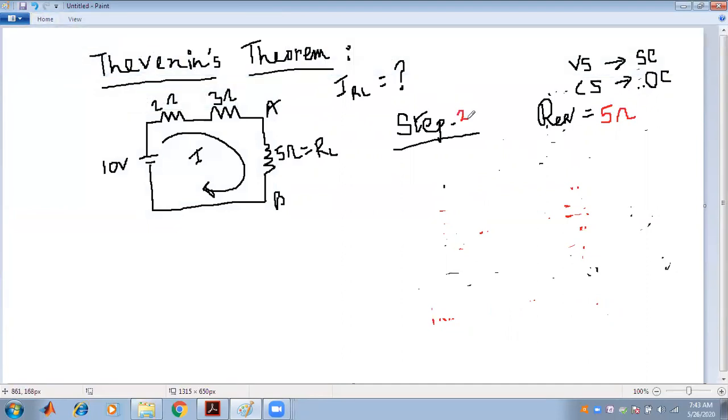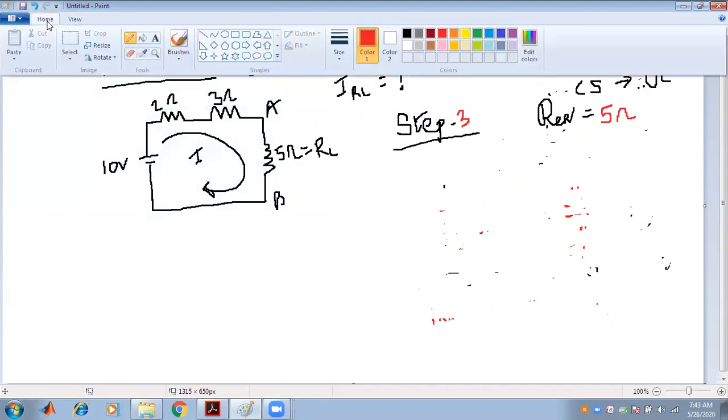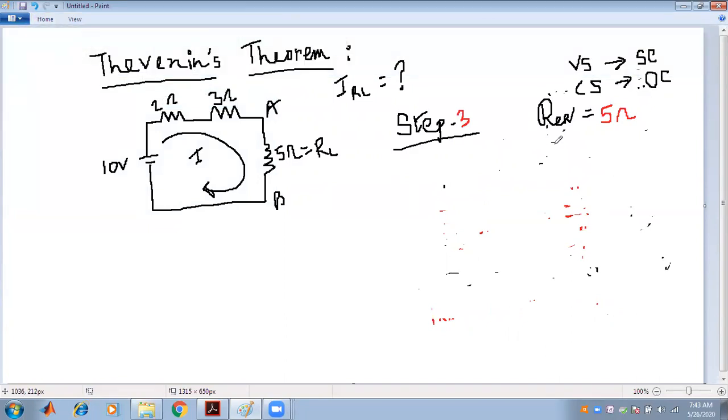Step number 3 is written that VTH and the R equivalent will be connected in series.